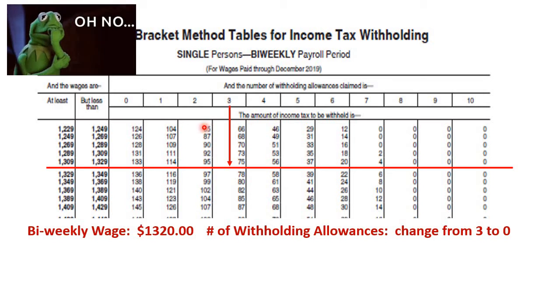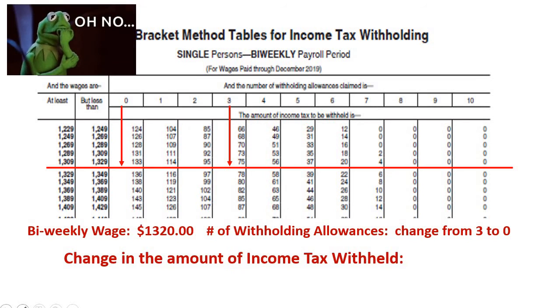There is my 3 withholding allowances. Here is my 0 withholding allowances. So what is the amount of change in the income tax withheld when I make that change in the number of allowances? Excellent, 58, because all I needed to do was take these two and subtract them. That was it.